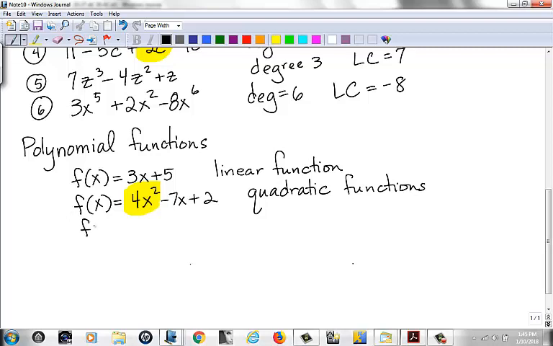Some that you may not have worked with much, an example, f of x equals negative 9x cubed plus 4x squared. If the highest degree term is a cube, then they call that a cubic function.